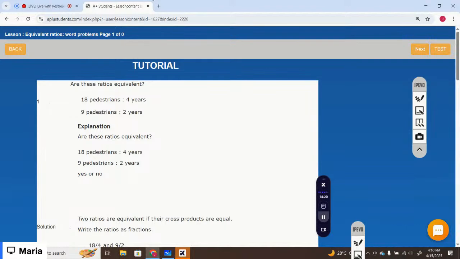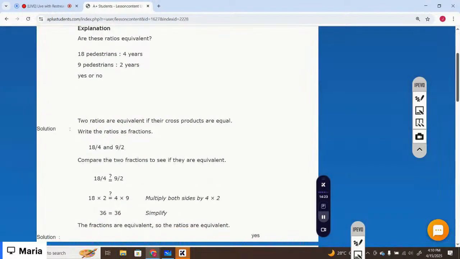You need to see if the ratios are equivalent. So let's just write them down in fraction form. 18 over 4 equals 9 over 2.